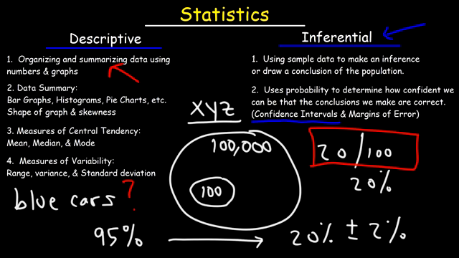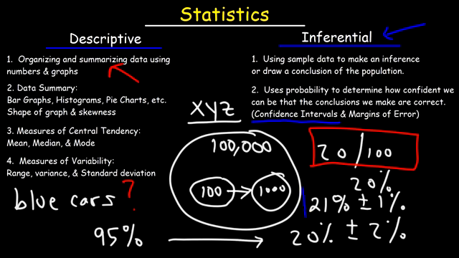Now, we can increase our confidence and get a better picture of the population data and how they like blue cars if we increase our sample size. So let's say we increase it to 1,000 instead of 100. So if we ask 1,000 people, do they like blue cars? And let's say the data is now different. Let's say 21% say yes to it within a 1% margin of error.